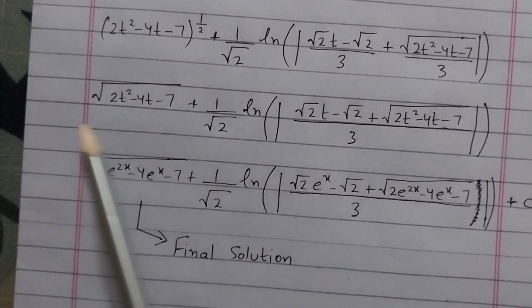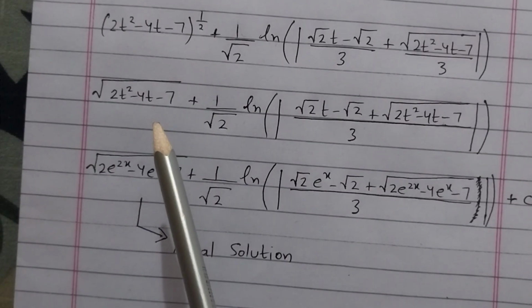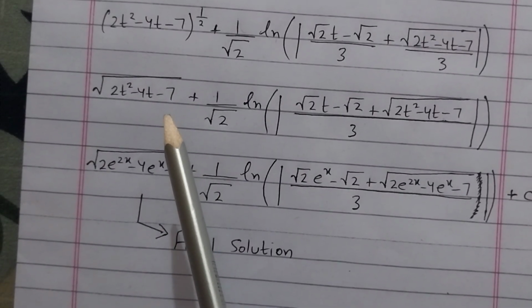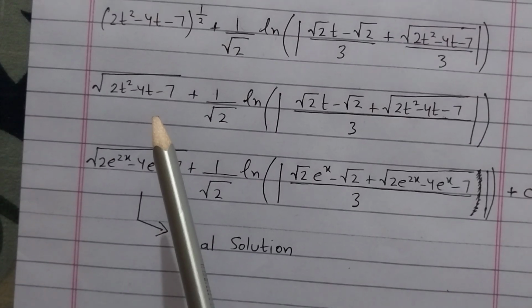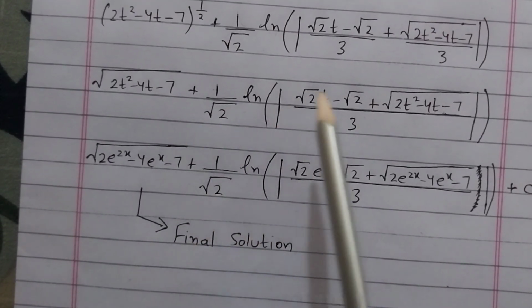So this whole expression is in terms of t now, and we need to use our initial substitution, which was t is equal to e raised to power x, and t square was equal to e raised to power 2x, to simply convert this final solution in terms of x.